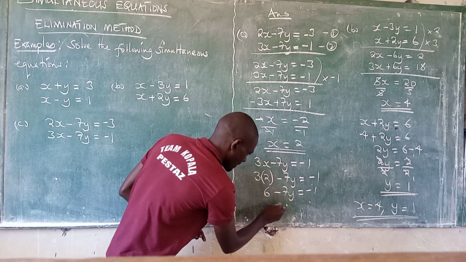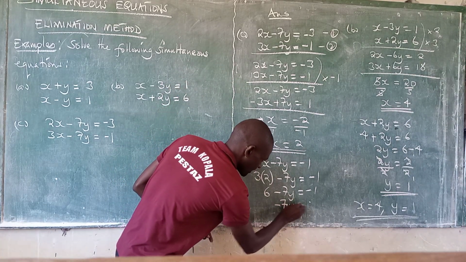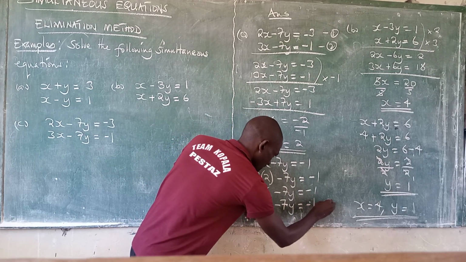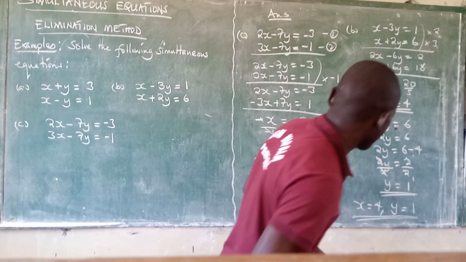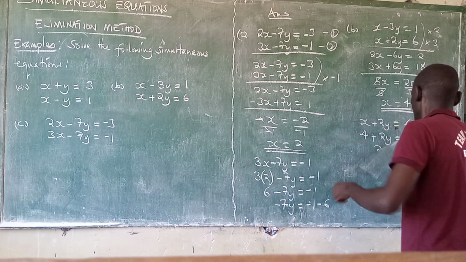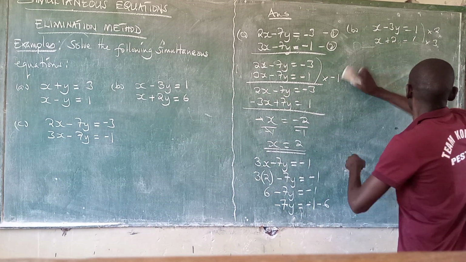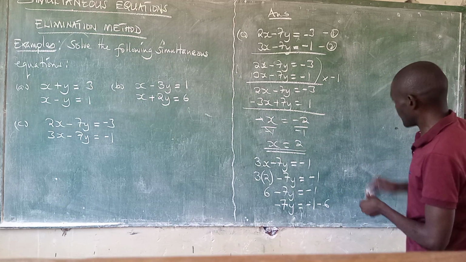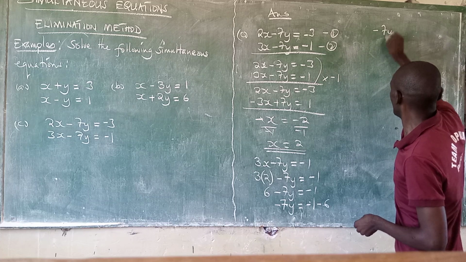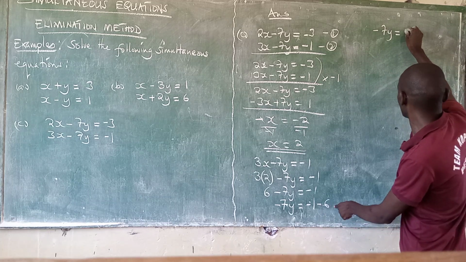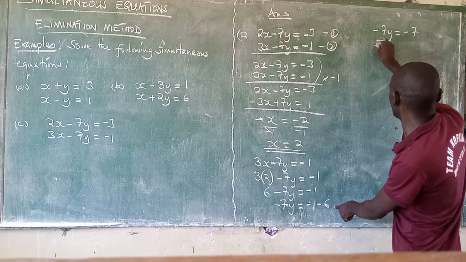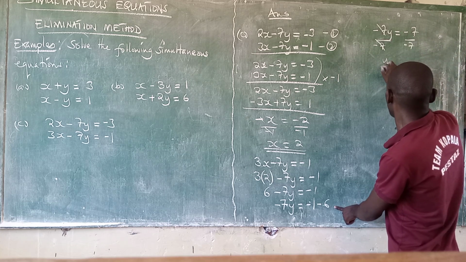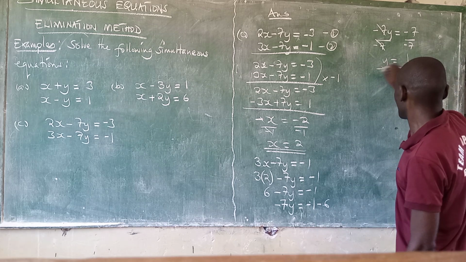Then this will end up being negative 7y equals negative 1 minus 6. Let's just finish it up from here. So that gives us negative 7y is equal to negative 7. We divide through by negative 7, like that. Y is just equal to 1.